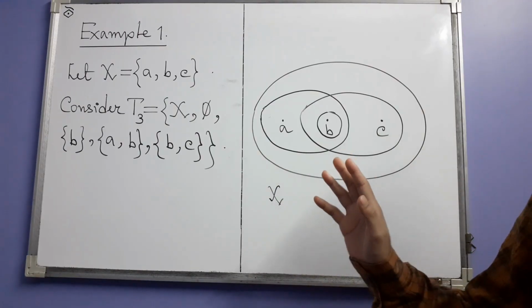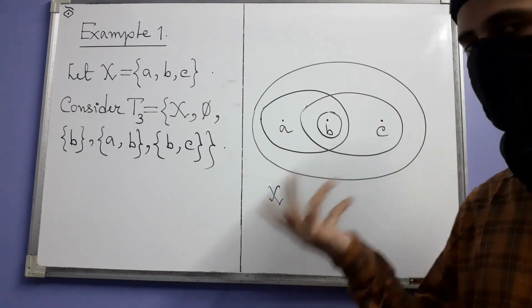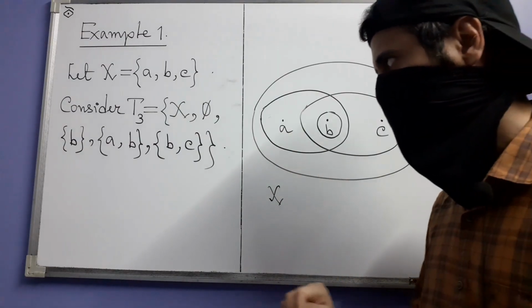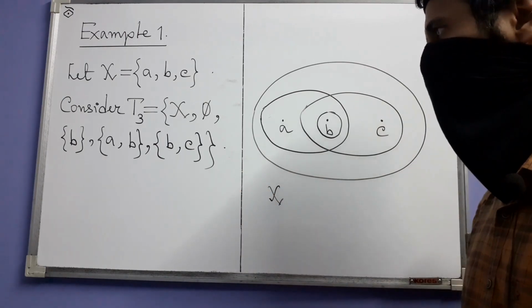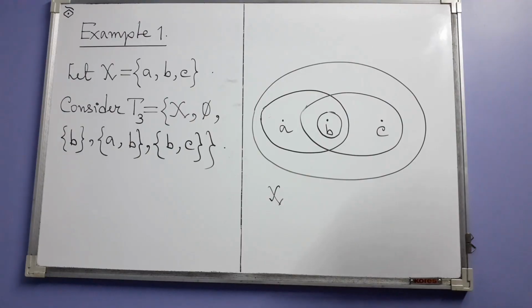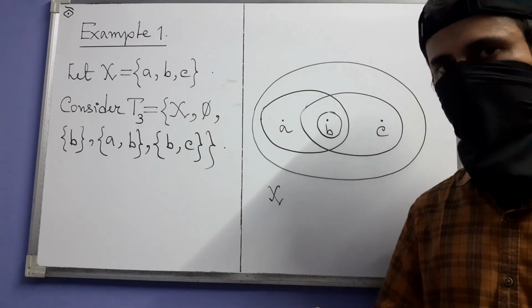For this one, I won't go through all the axiom verifications. You can see it for yourself. We can, however, still see one or two things that are true here. This collection, for it to be a topology, obviously all the axioms should be true.